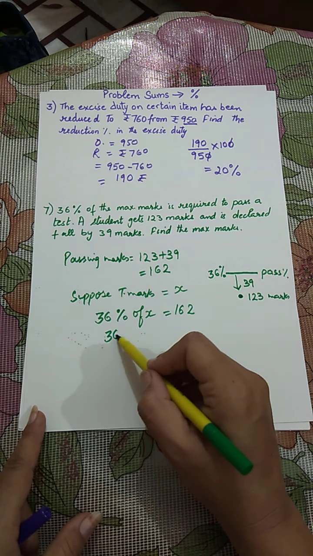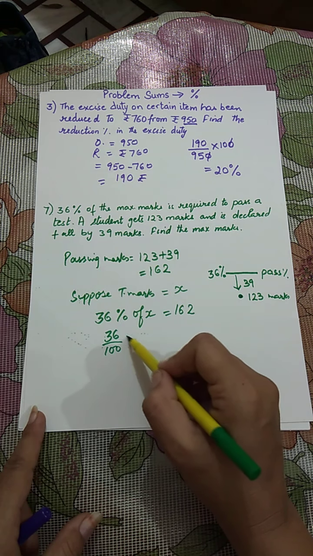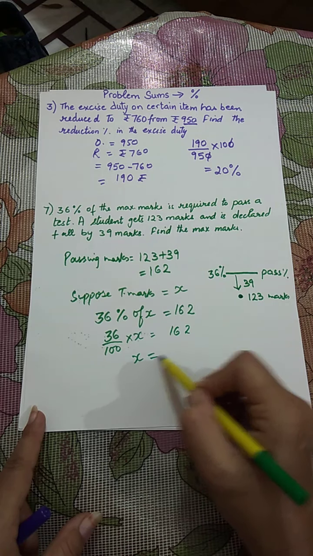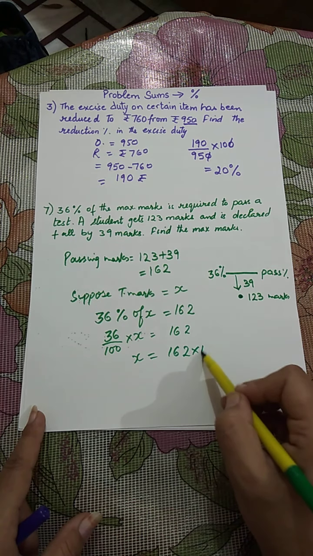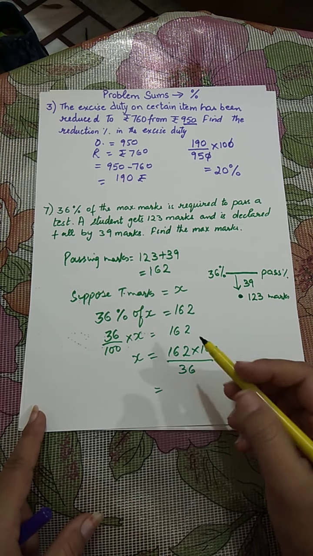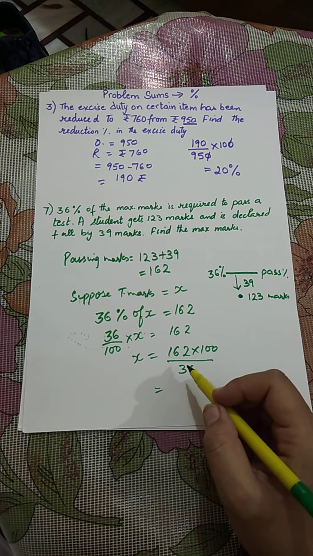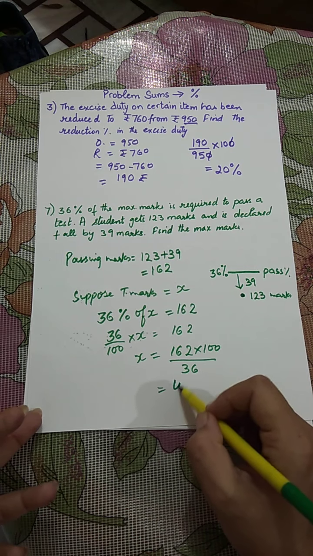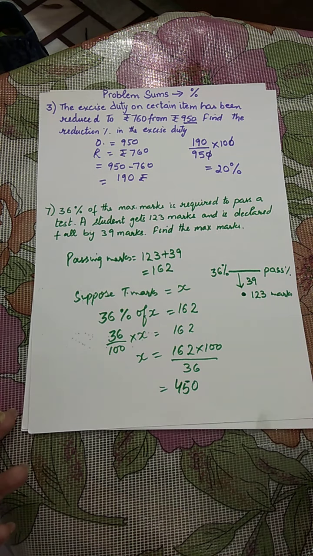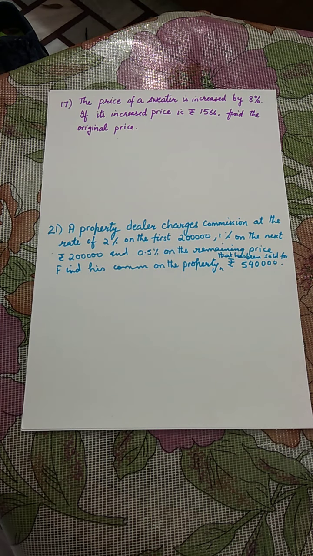So you can form the equation like this, and after doing the calculation and by using the linear equation property, that transposing method, when you solve it you will find the total marks as 450. Moving on to the next problem sums.